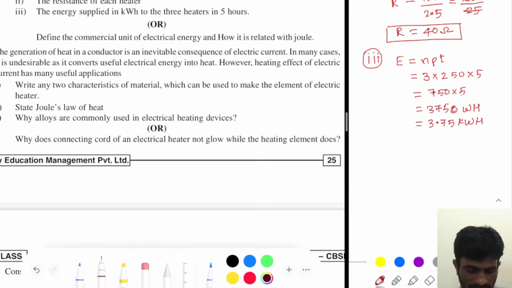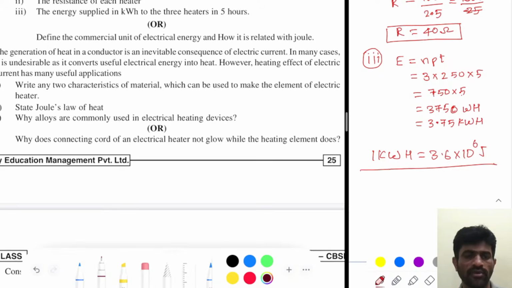That is the commercial unit of energy. And how is it related to joules? 1 kilowatt hour is equal to 3.6 into 10 to the power of 6 joules. You remember this point also.